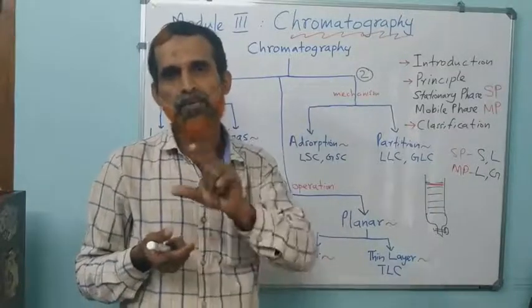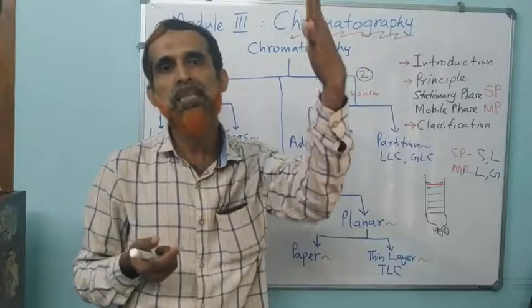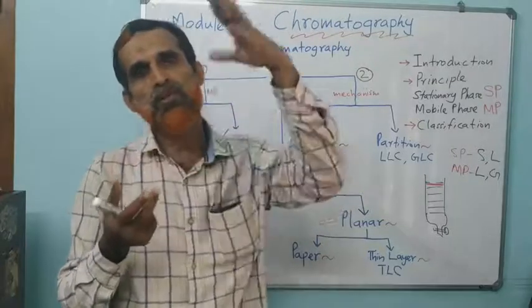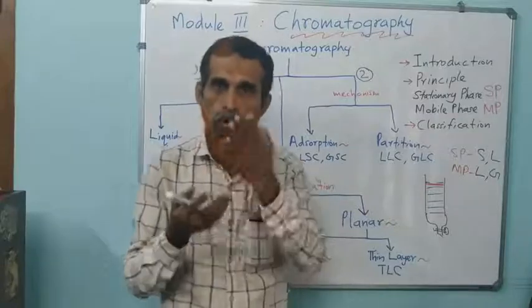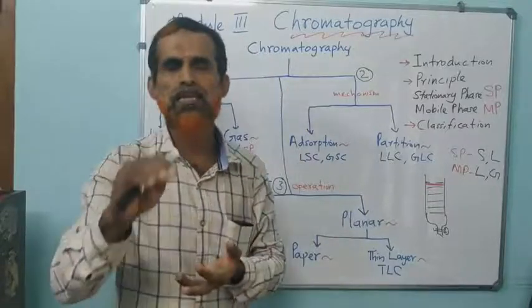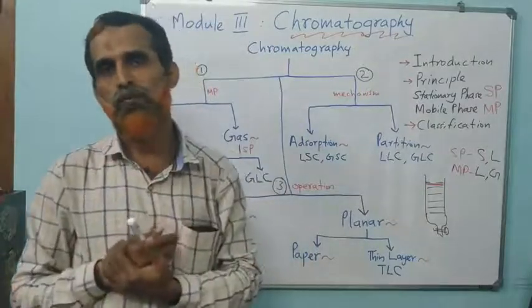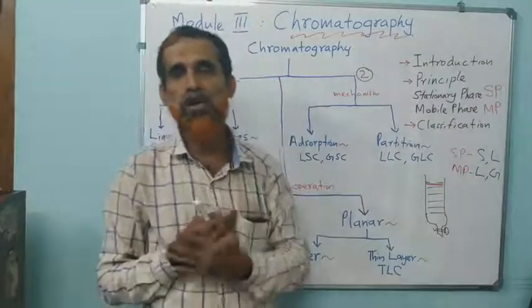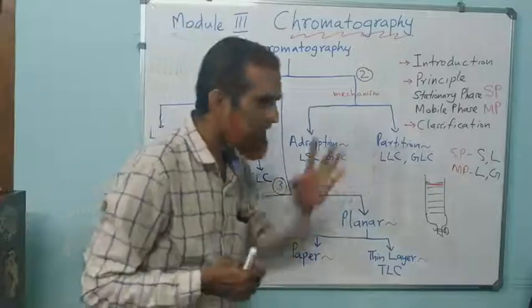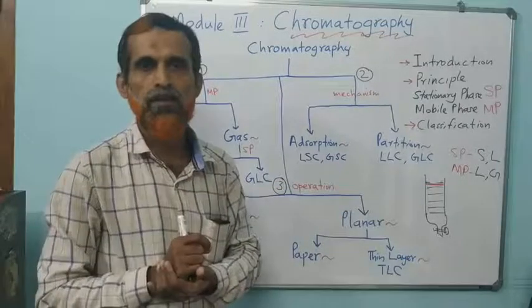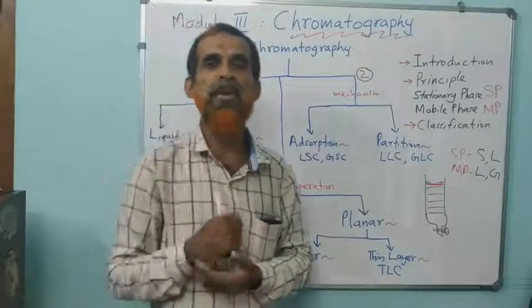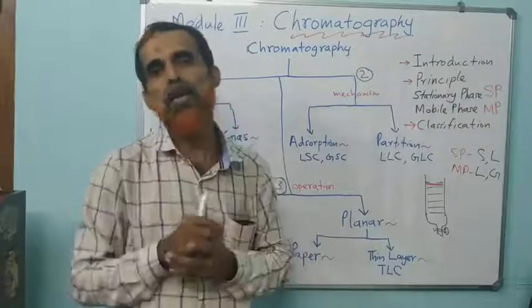What happens? Benzoic acid, which is more soluble in benzene, will move to the benzene layer from water. Only a very little amount of benzoic acid will remain in water, more will go to benzene. That is distribution or partitioning. So partition chromatography is based on differential partitioning of components between two liquids.